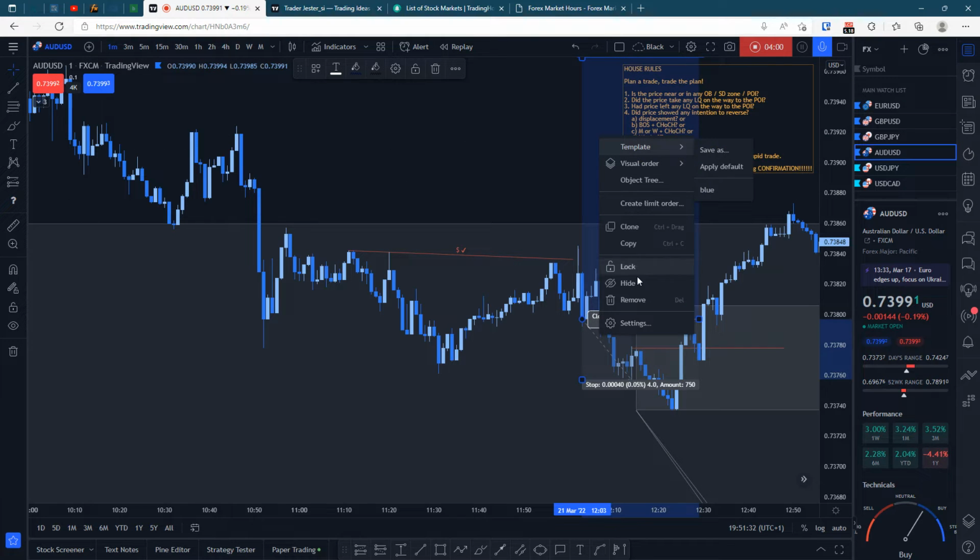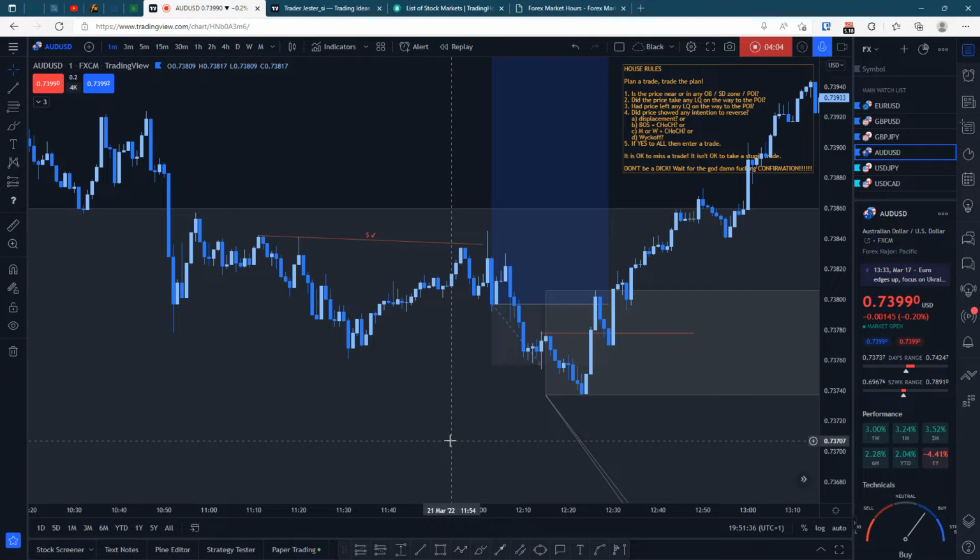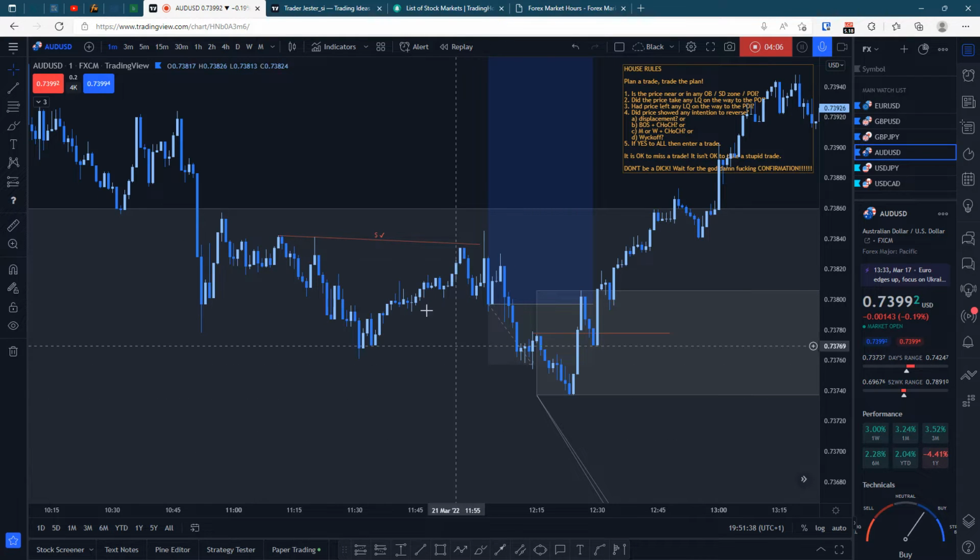It doesn't matter. I just want to show you why the trade failed. The trade failed because the price took liquidity first from the buy side to make another step lower, and that's it.